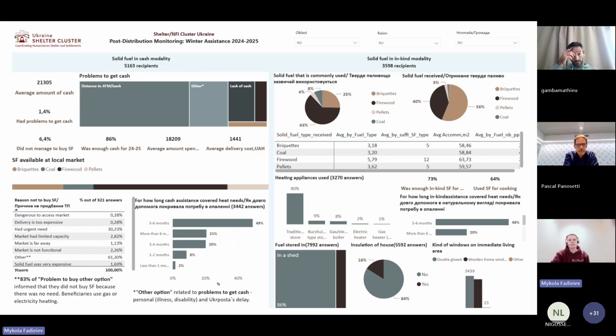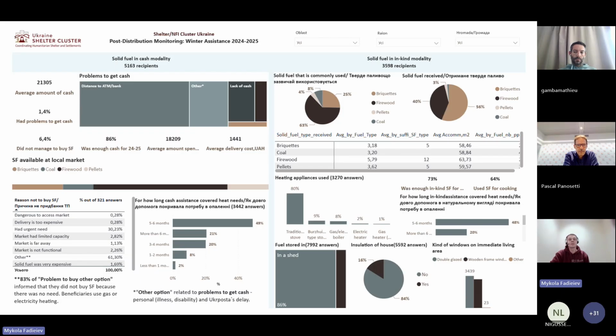The high density and low moisture content of the briquettes, based on their manufacturing process, is why the partners like to provide this kind of solid fuel.